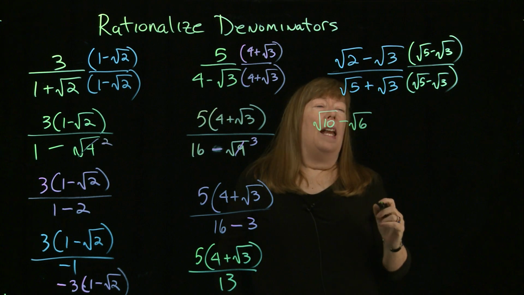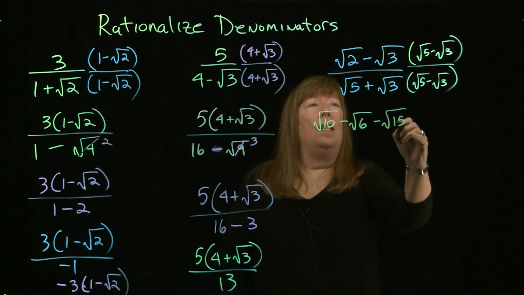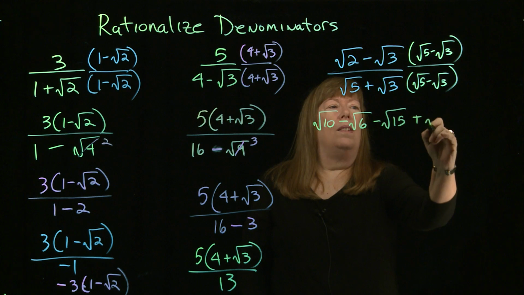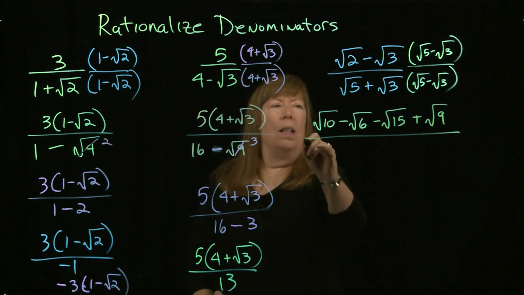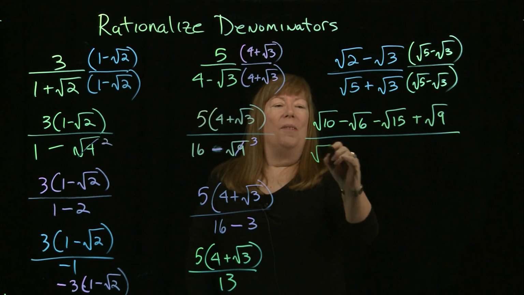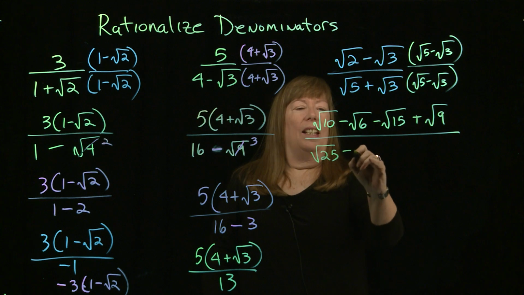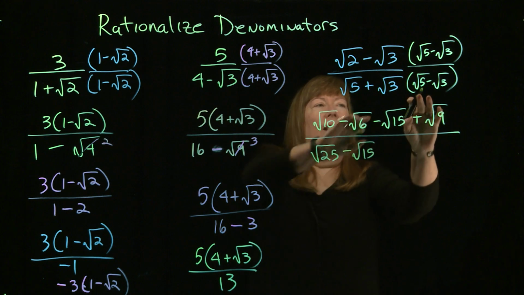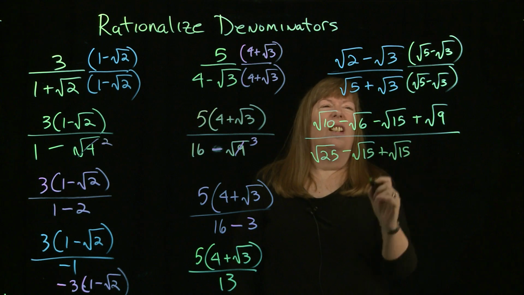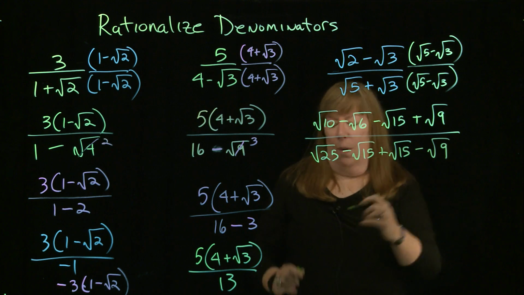Insides. Negative square root of 3 times square root of 5 is negative square root of 15. And last, negative times negative is positive square root of 9 over square root of 5 times square root of 5 is square root of 25. Outsides, negative square root 15. Insides, positive square root 15. They're going to knock each other out, right? And finally, negative square root of 9.